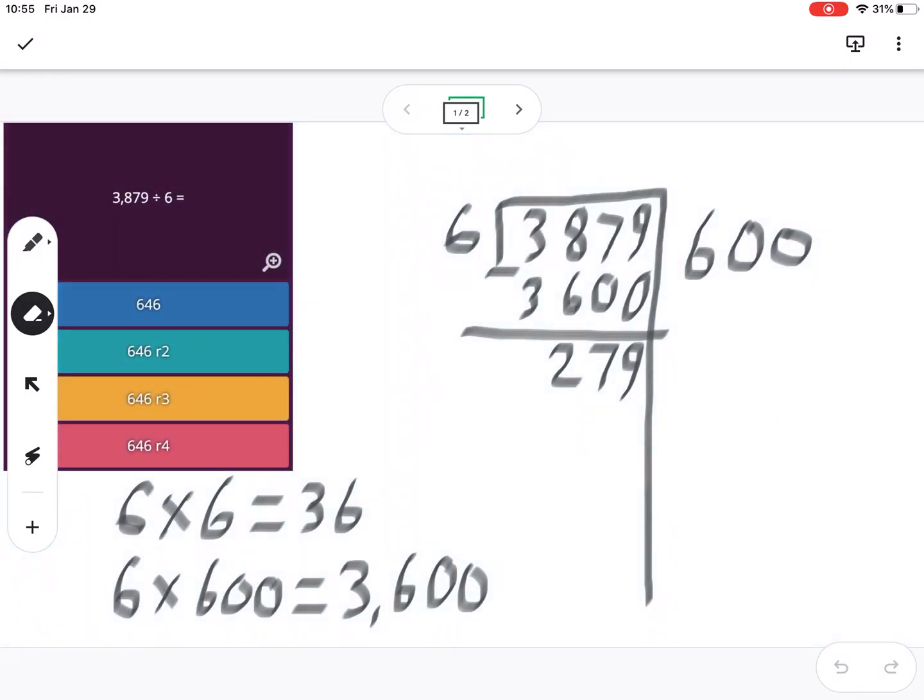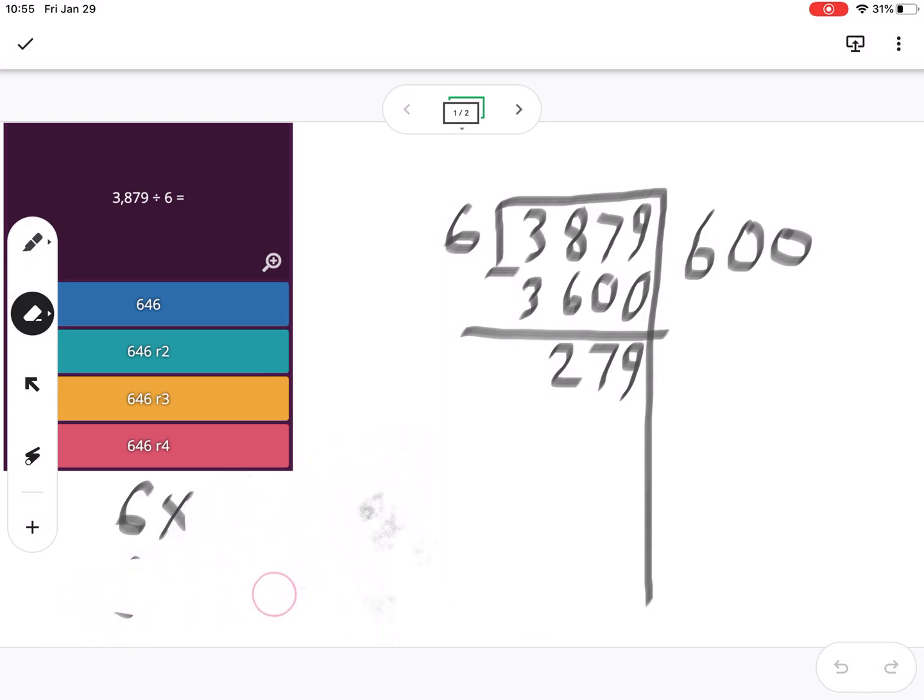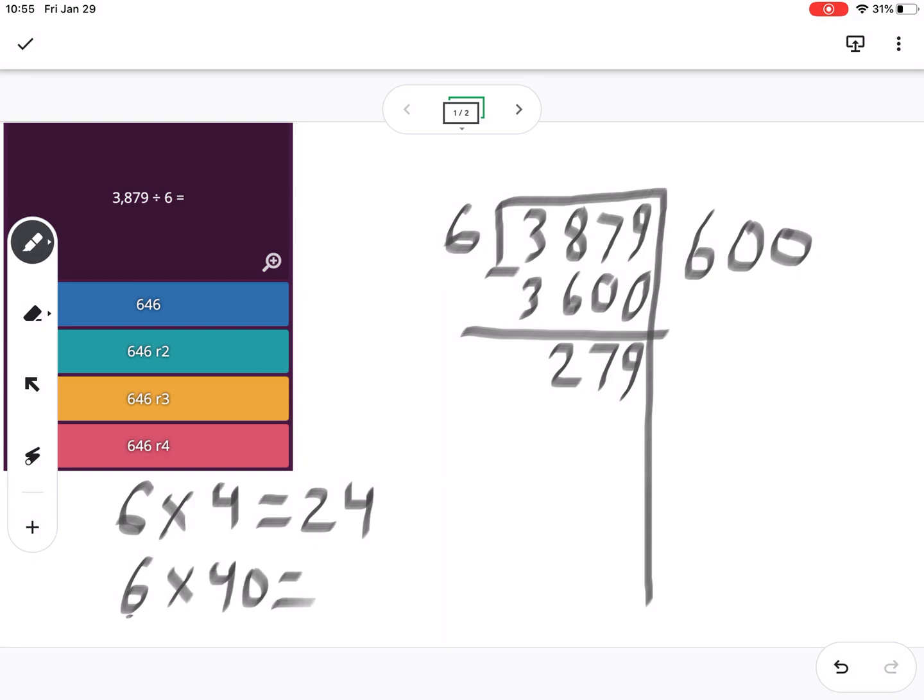So that means that if 6 times 4 equals 24, then 6 times 40 equals 240. 24 and add the 0 from the 40. So our partial quotient here is 40.